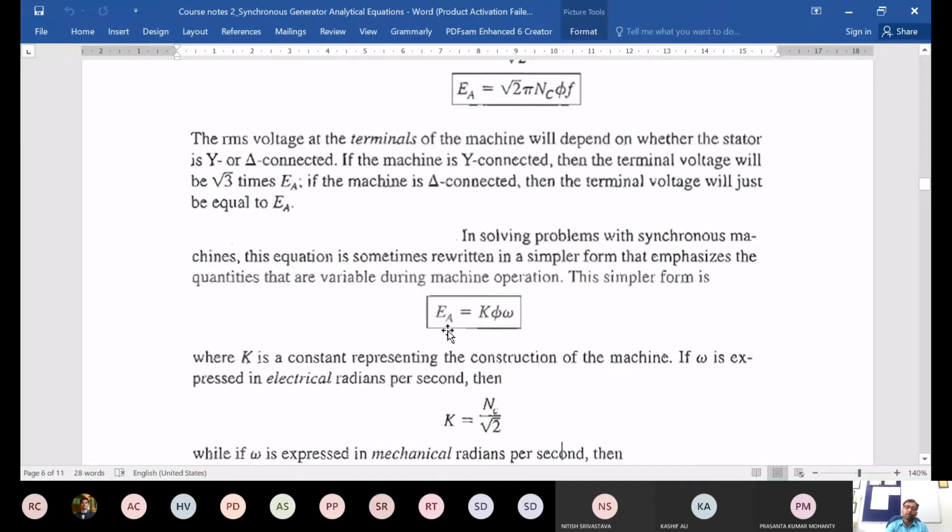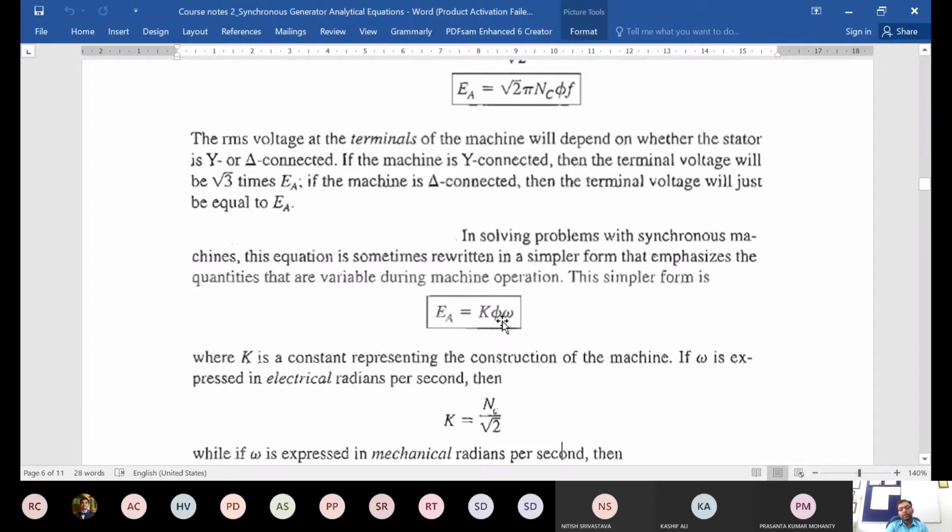If I increase the phi, then I can probably keep EA the same. But this is a theoretical solution. Practically, it is not really feasible because this phi usually is placed at its optimal value. There is not much margin for improvement in the rated value of the phi. So there'll be a risk of going into the saturation zone, which we want to avoid. We don't want to saturate the core of the machine.